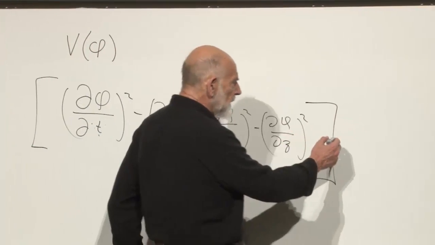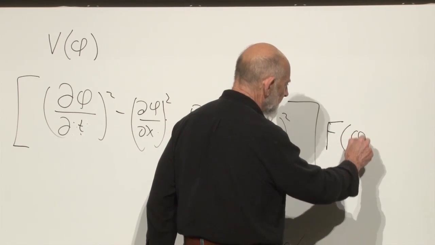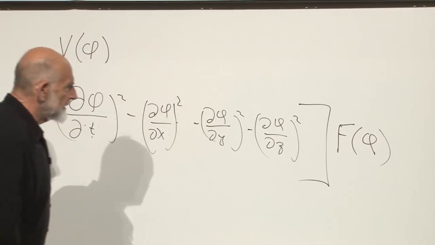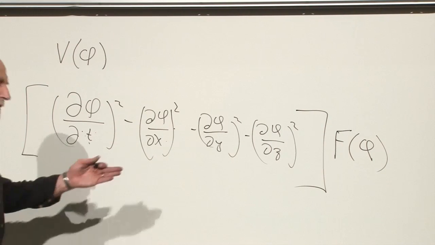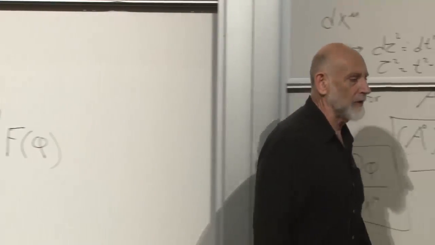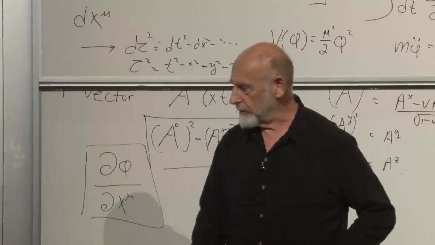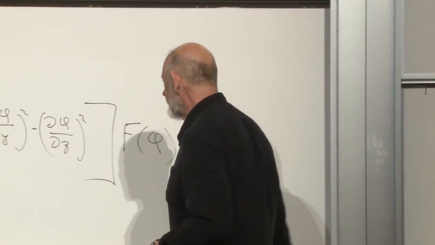So we could multiply this by some function, if we like, of phi. That's a legal thing to do. It starts to make a rather complicated Lagrangian, and we're not going to consider it for the moment, but it's certainly a reasonable, Lorentz invariant thing to do.